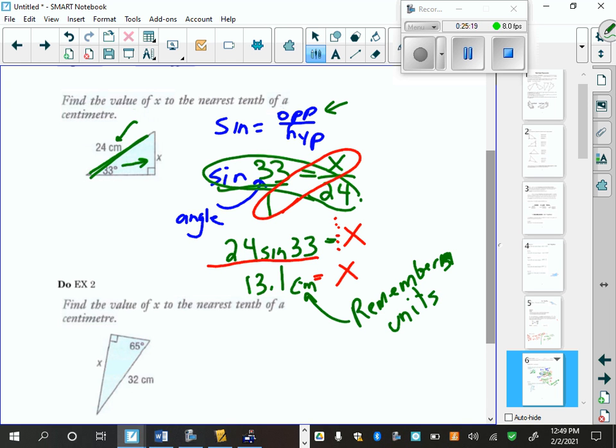So at the beginning and the end, what am I doing? If I'm finding a side, I cross multiply. If I'm finding an angle, x is inside, then I inverse sine and round to the nearest whole number. If I cross multiply and find a side, I remember units. I put centimeters. If it doesn't have any units, it just has 6 and 7 for the sides, you don't need to put units.